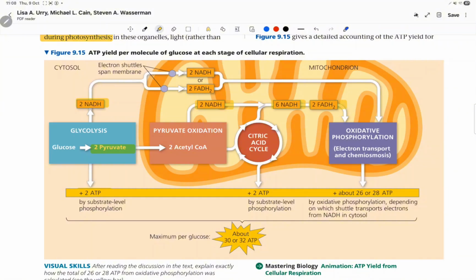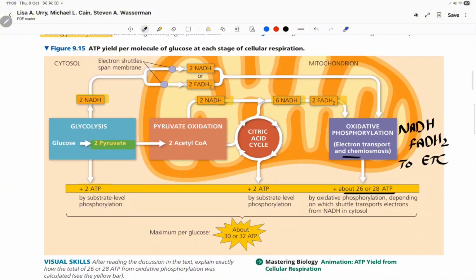And all the electron carriers, the NADH and the FADH2, will ultimately make it to the electron transport chain, where they will dump their electrons, plus the H plus will move to one area, which will give you about 26 to 28 ATPs from chemiosmosis.